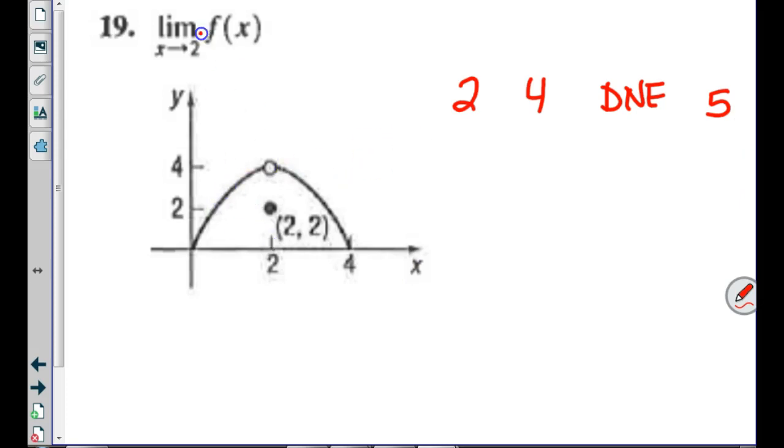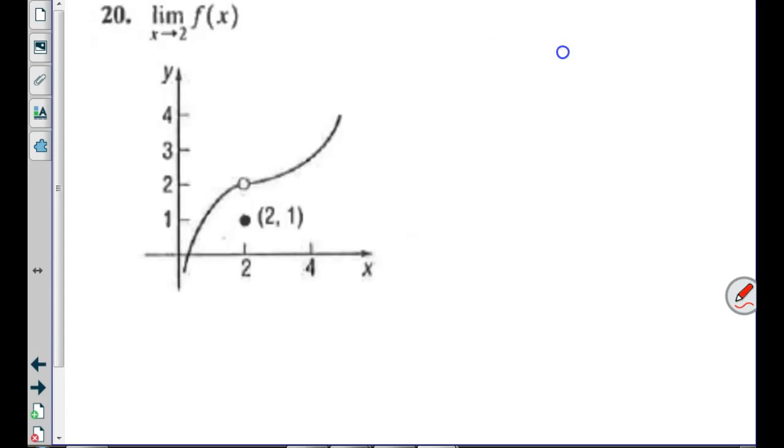As you get close to 2, from the left and from the right, what is the y value approaching? 4. It does not matter what it is doing at 2, as long as it's approaching the same value on both sides. We're good? Remember, a limit is not what it does at a value, but near a value.